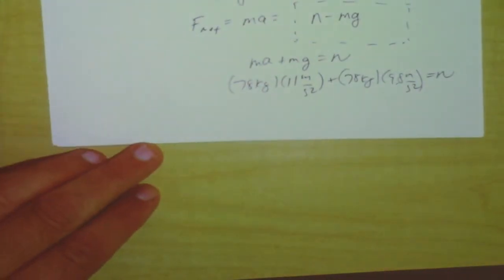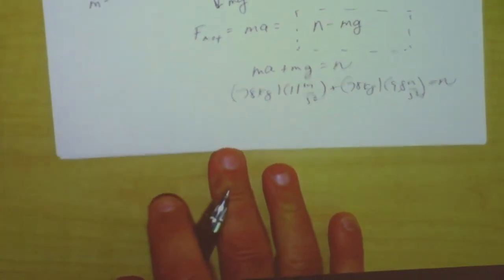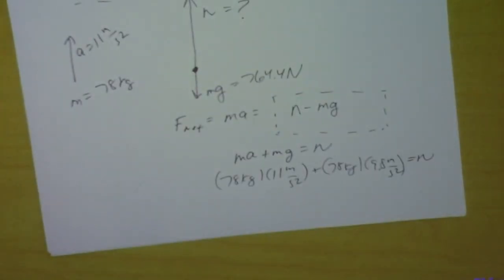That's got to be the normal force. Okay, so without putting any numbers in, that's the weight that you do it. Like around 1600 or something like that. Okay, so the bigger and bigger the acceleration, the bigger and bigger the normal force is. Okay, excellent. Any questions on this one?